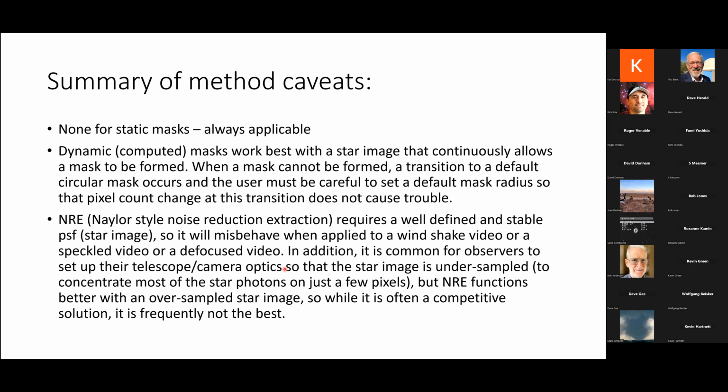So that means that the Naylor-style extraction is already a bit crippled because it's based on a PSF, and you're deliberately undersampling, which is good for the occultation observations so that you concentrate most of the star photons in just a few pixels. But the Naylor type functions a little better with an oversampled star image. So while it is often a competitive solution, it is frequently not the best.